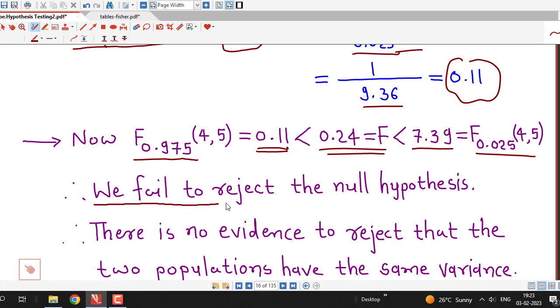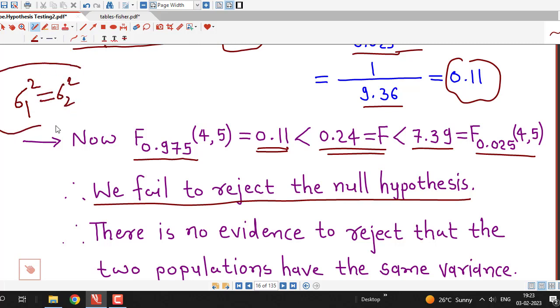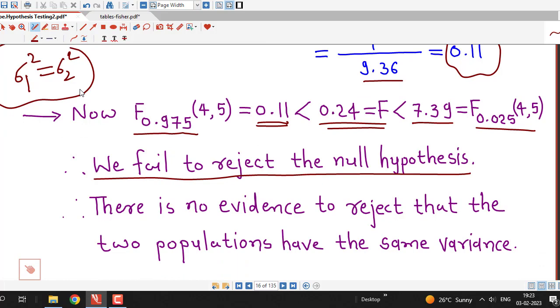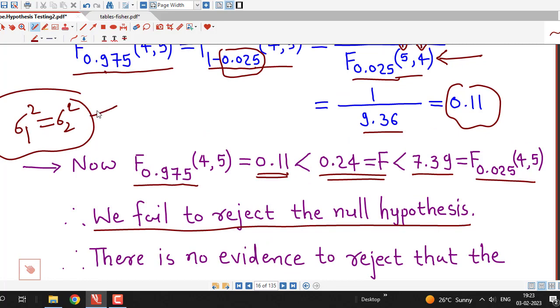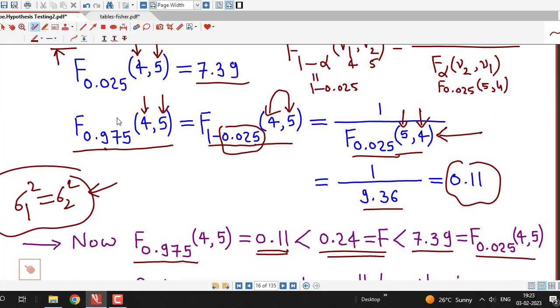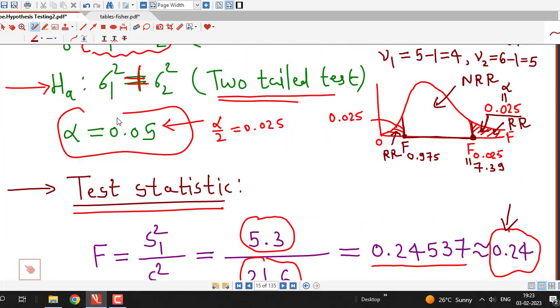Therefore we fail to reject the null hypothesis, and the null hypothesis is that the two populations have the same variances. So we can say that there is no evidence to reject that the two populations have the same variance, or we cannot reject the statement that sigma 1 square and sigma 2 square are equal.